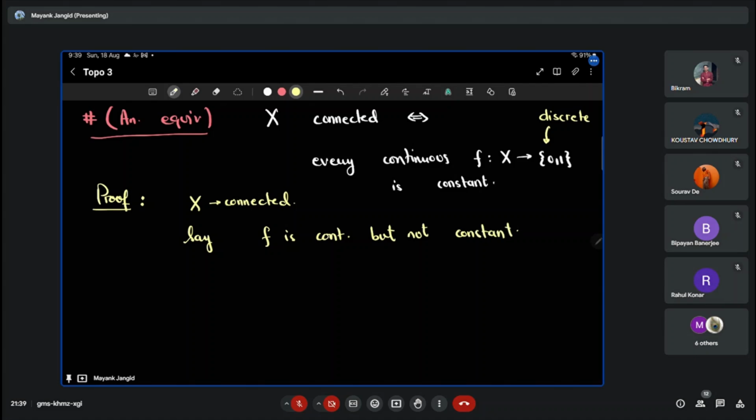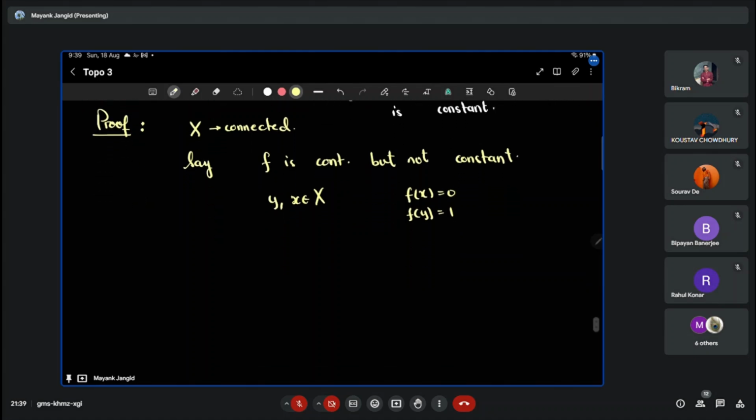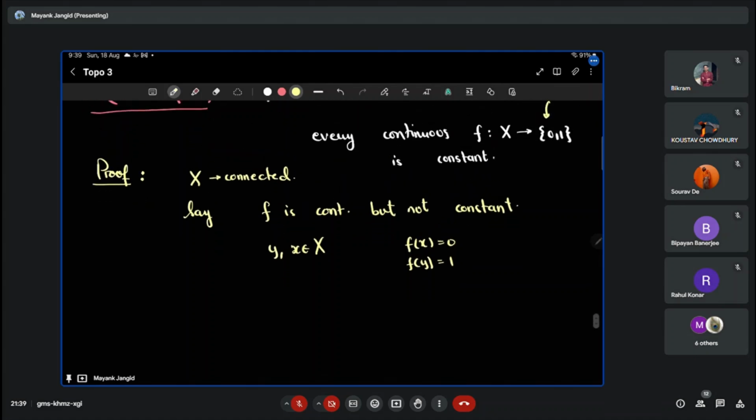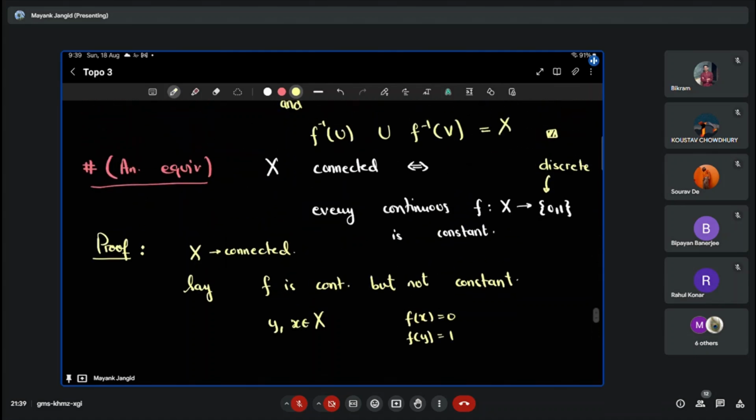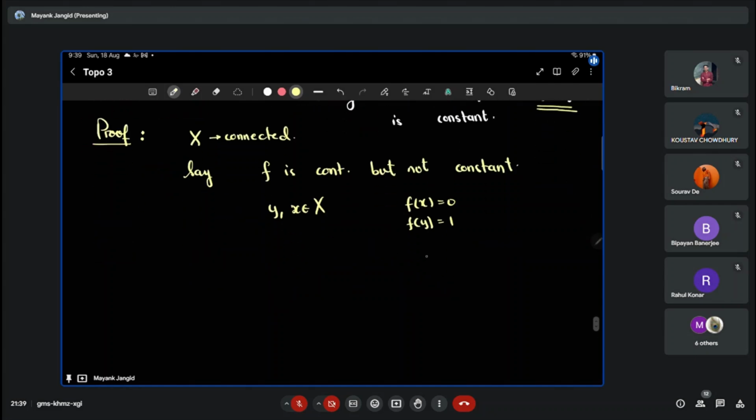Therefore, there is some x in X and y in X such that F of x is 0 and F of y is 1. But with the discrete topology, the singleton sets 0 and 1 are open. Therefore, by the continuity of F, their pre-images are also open.